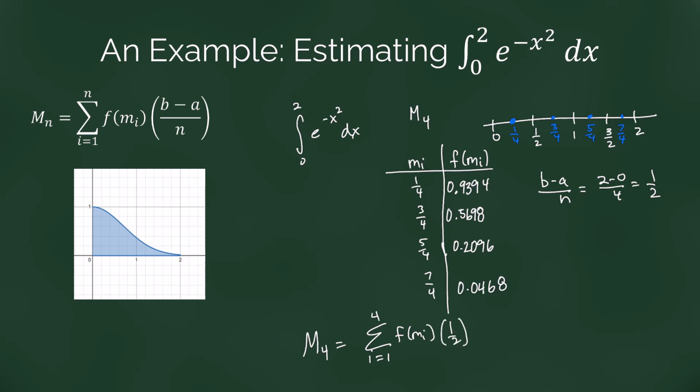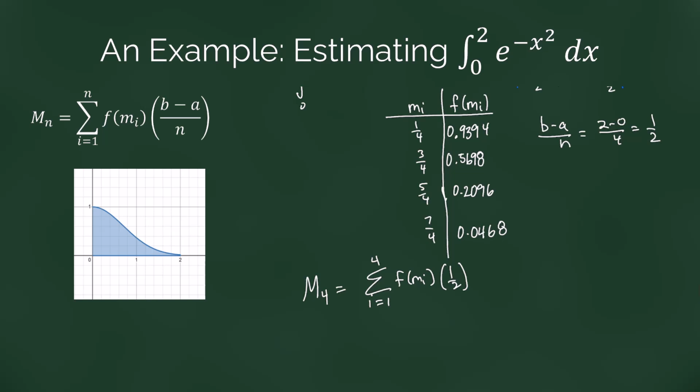And so using the values we calculated here, we're going to get 0.9394 plus 0.5698 plus 0.2096 plus 0.0468, all times 1/2 or 0.5.